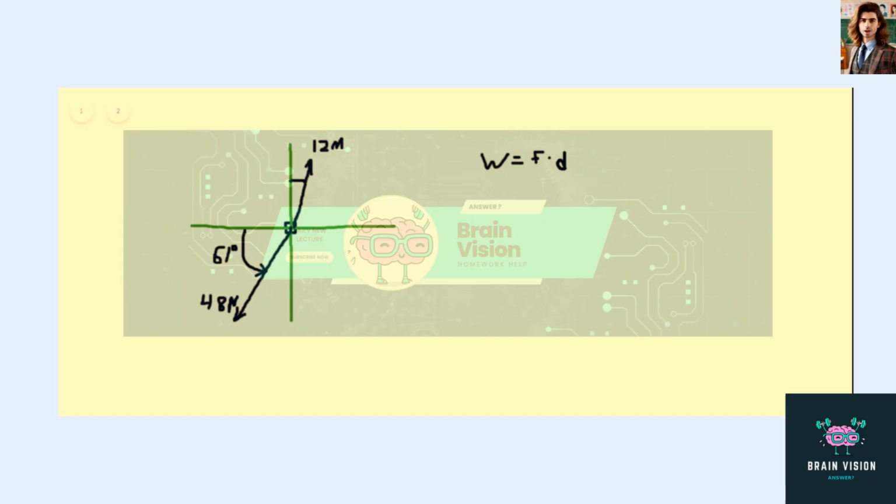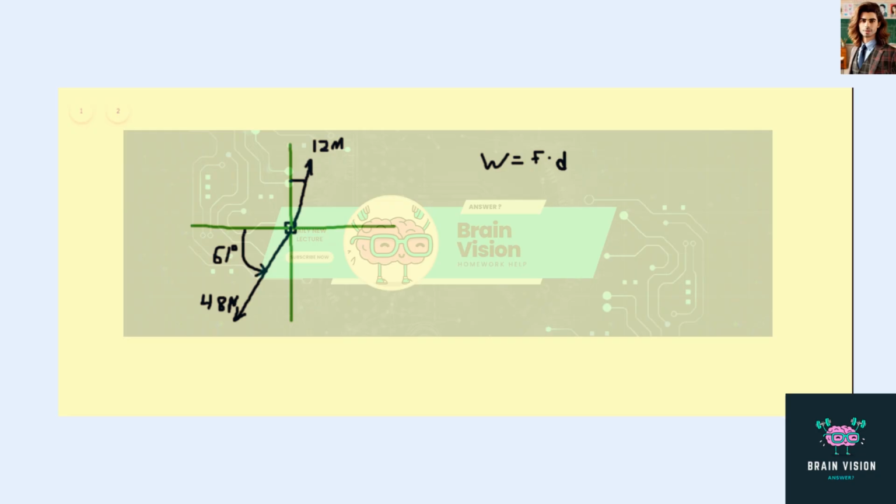If you want to be wrong but close to right, you could just multiply 48 newtons times 12 meters, and that would give you something that's not right, but it's also not a terrible answer. But we do need to take into account that they're not exactly going opposite directions. There's a few degrees missing there.